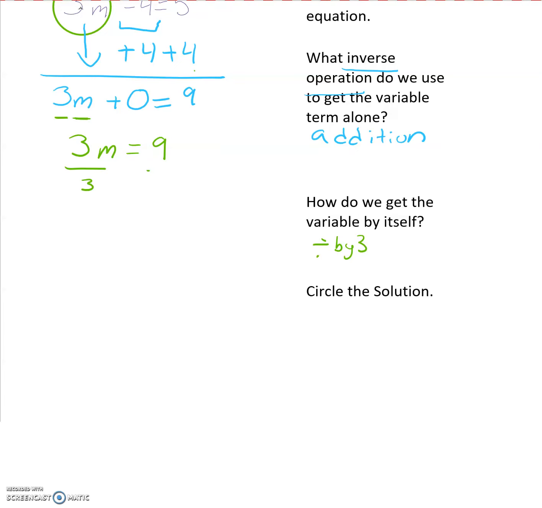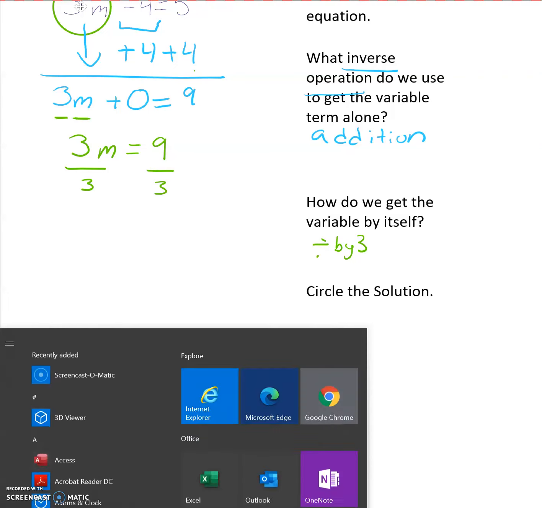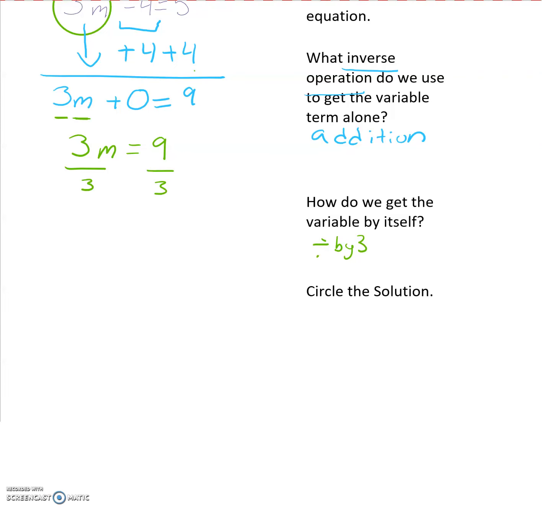But what we do to one side, we have to do to the other side. Now, what is 3 divided by 3? It's 1, right? And then m, we're just left with our m. And then 9 divided by 3 is 3.